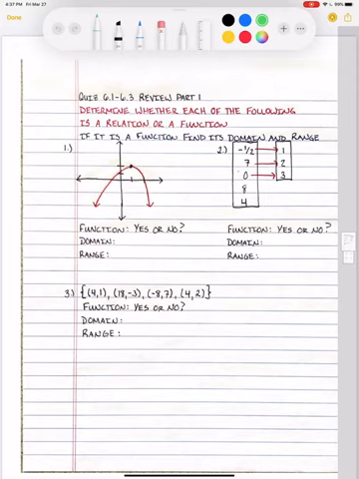So first off, is it a function? For graphs, remember we use something called the vertical line test. Meaning if I draw vertical lines all through the red graph, as long as the blue line only touches it one time as it goes through, so one time.